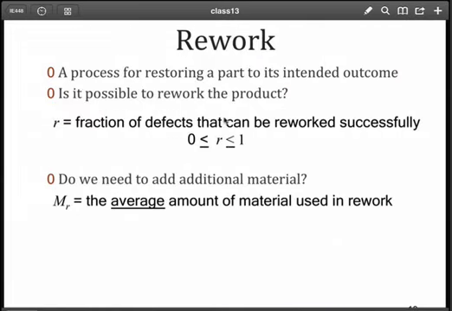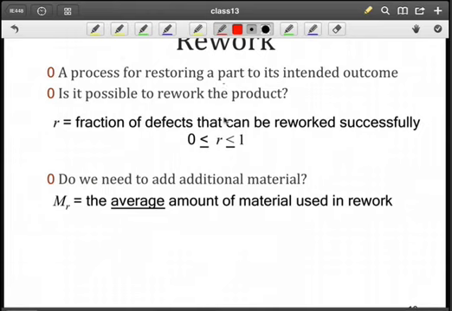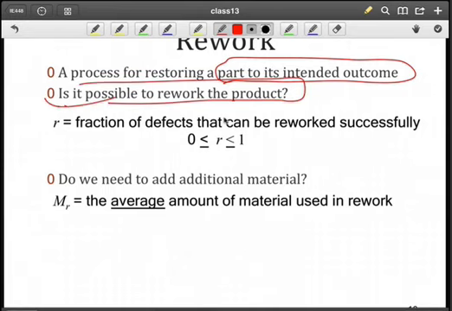Now, what happens with rework? In rework, we've already said that we're trying to restore a part to its intended outcome in terms of the characteristics of that product. So the first question we have to ask ourselves is, is it possible to rework the product?